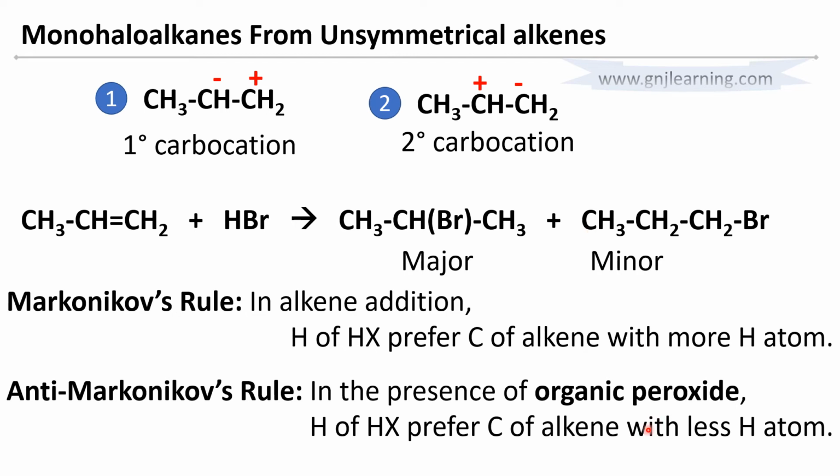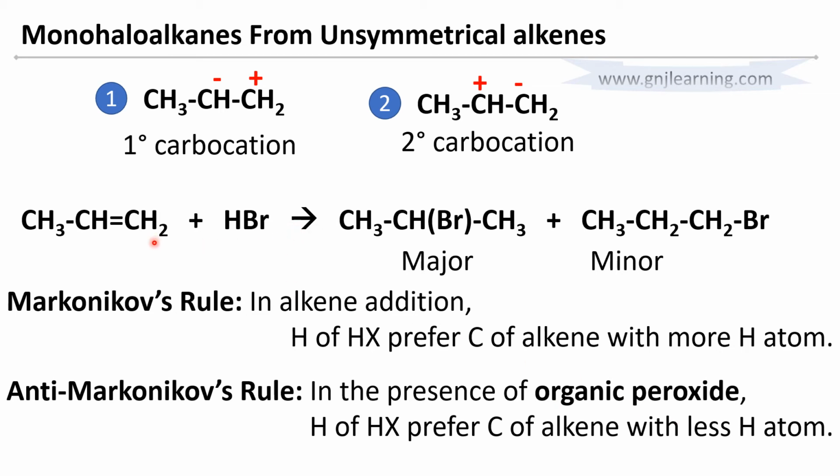So if there is an organic peroxide, what happens? Minor will become major and major will become minor. That's called the anti-Markovnikov rule. The H of HX prefers the C of the alkene with fewer H atoms, provided there is an organic peroxide in this reaction. Clear?